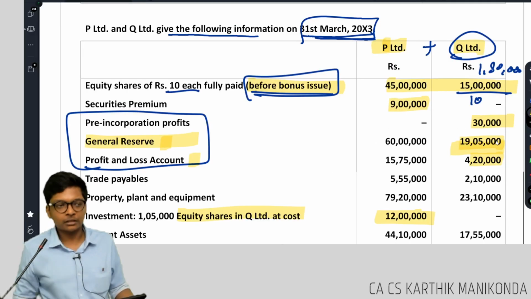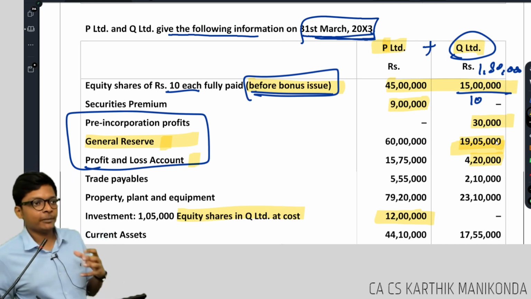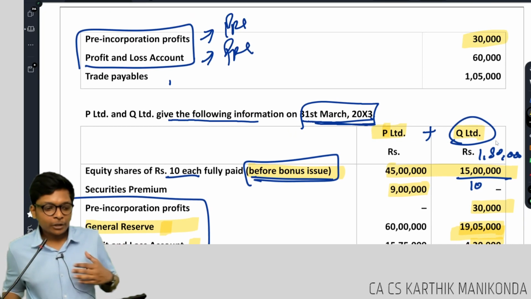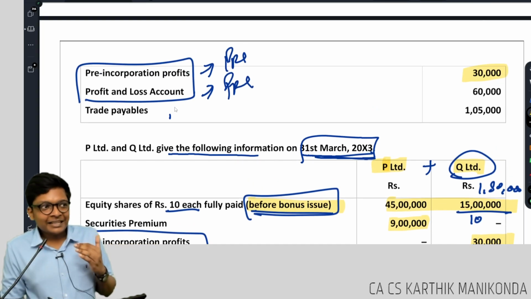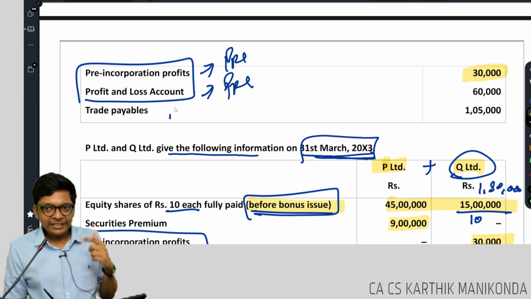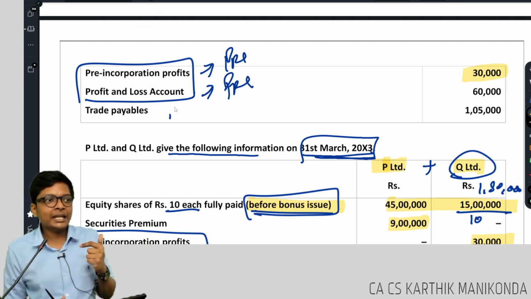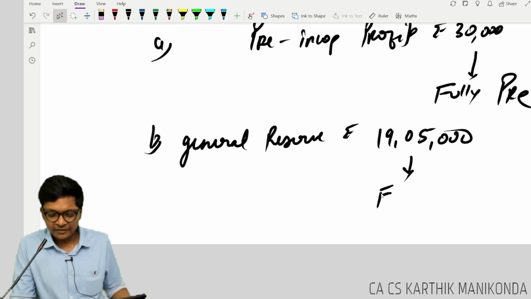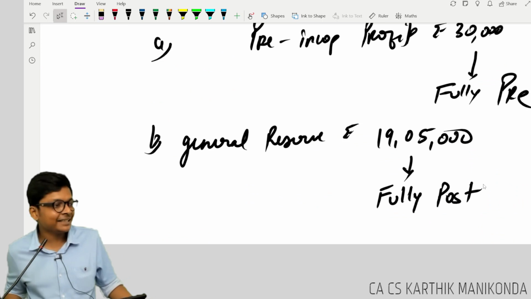It's there in the question here. Pre or post or split? Why post? Because on the date of acquisition, general reserve is not there. That means whatever you earned after this is fully post. So this 19 lakh 5 will be fully post. Easy, huh?